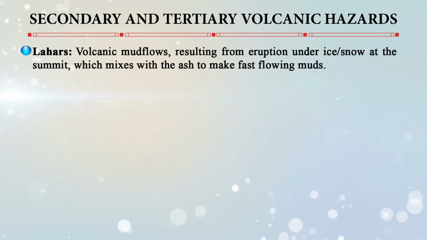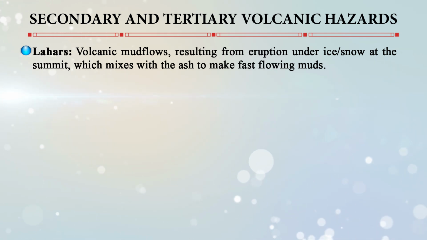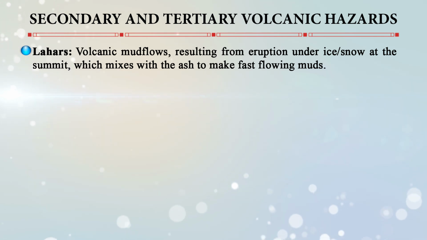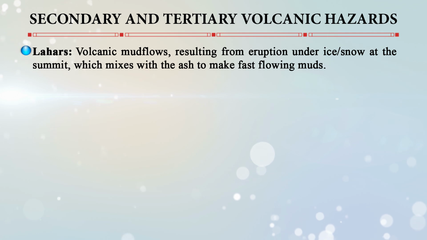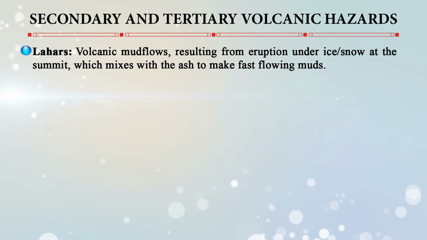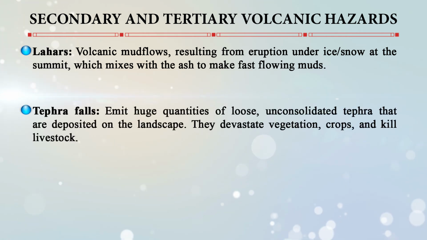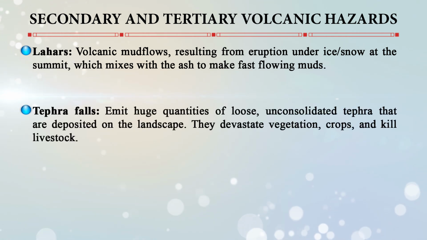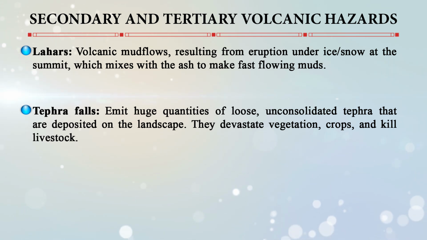Lahars. Lahars are nothing but volcanic mud flows resulting from the eruption under ice and snow at the summit, which mixes with ash to make fast flowing mud. So the ice and snow melts and this becomes a fast flowing mud. Then we have tephra falls, which emit huge quantities of loose unconsolidated tephra that are deposited on the landscape.